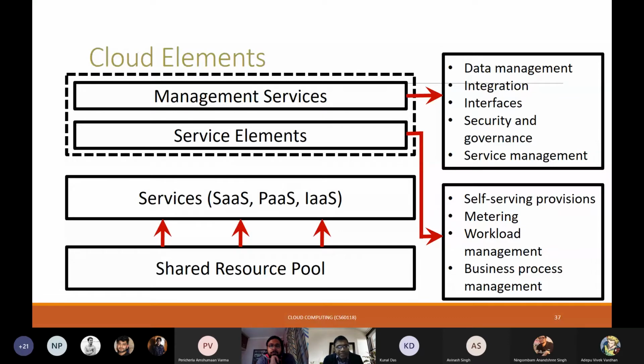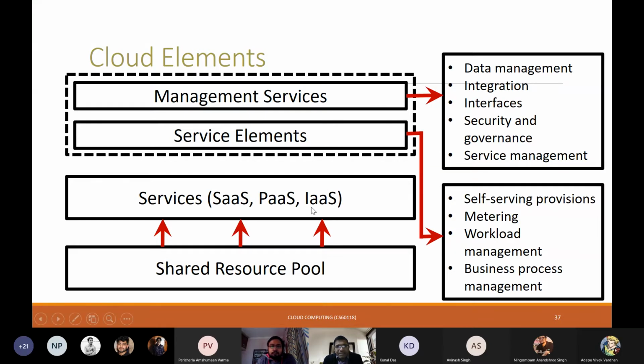You want to offer computational services in the form of software to the end users, right? Different types of software are made available on a sharing basis to different users across the world. So that is software as a service.